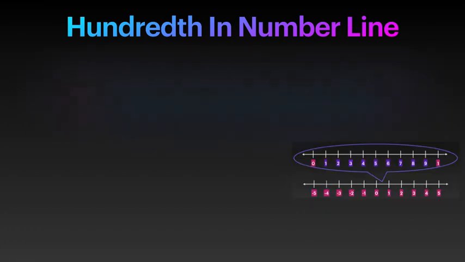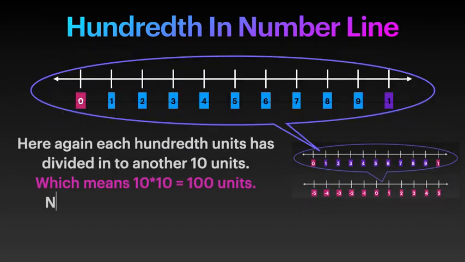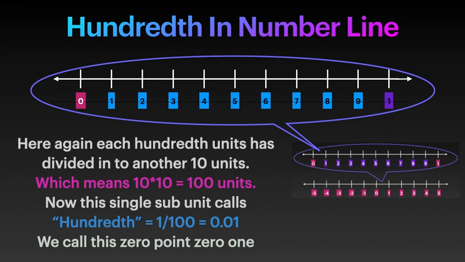Okay, earlier we had a look at tenth. Now we're going to look at hundredth. Again we turn to the number line. Initially we divided the unit into 10 subunits. Now we are going to divide one of those subunits into another 10 subunits. Now the main unit has 10 times 10 units. 10 times 10 means 100.